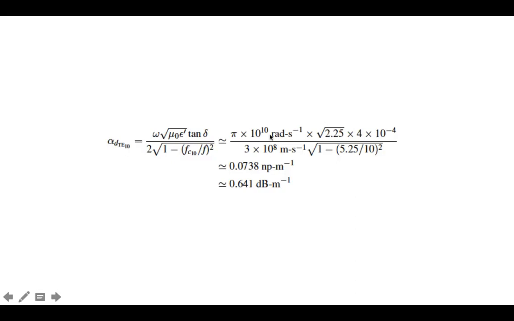So here's the speed of light showing up, and then the frequency here, omega. So we have a 2 pi up here that gives us the pi. The 2's cancel. Here is that ratio between the cutoff frequency and our frequency, and if you do all of that, you find that that is 0.0738 nepers per meter or 0.641 dB per meter. So in this particular example, the dielectric losses were higher, and that's fairly unusual.